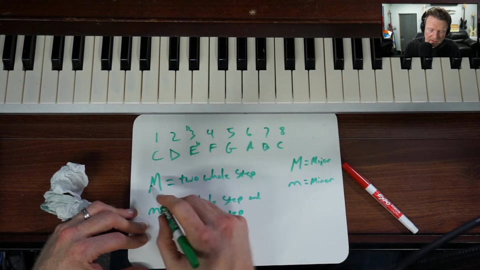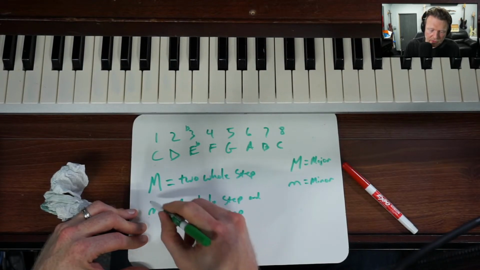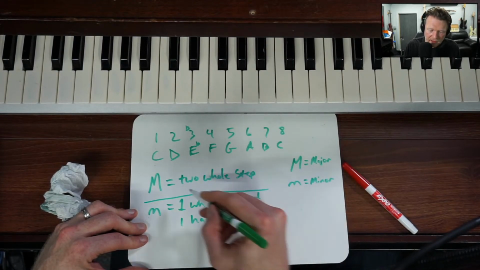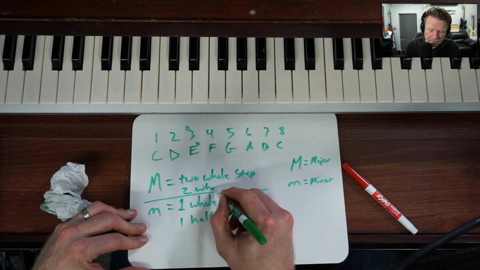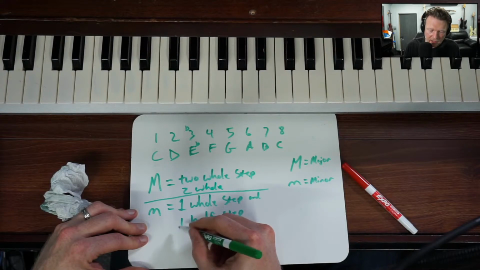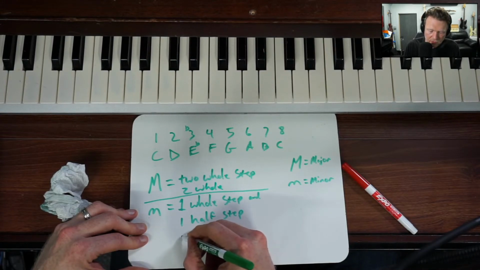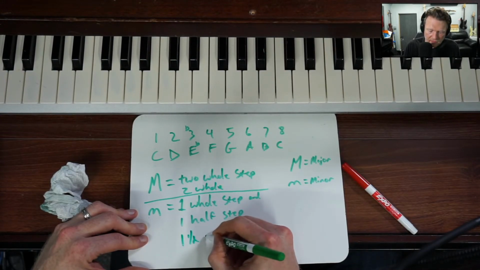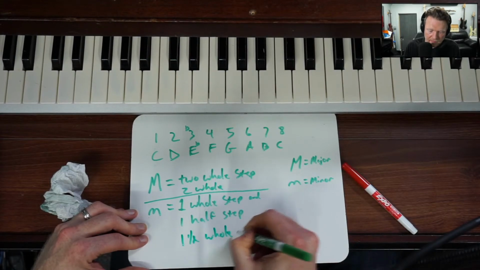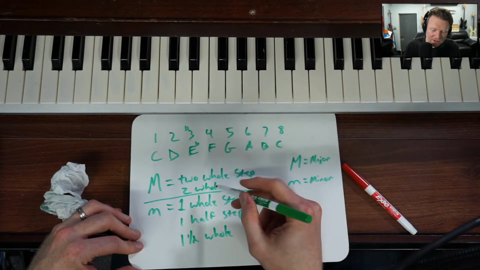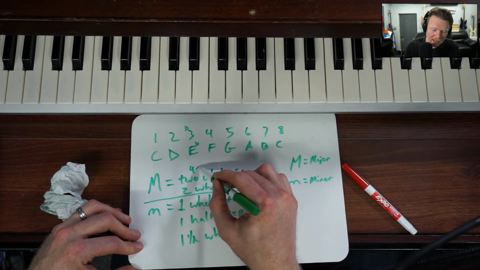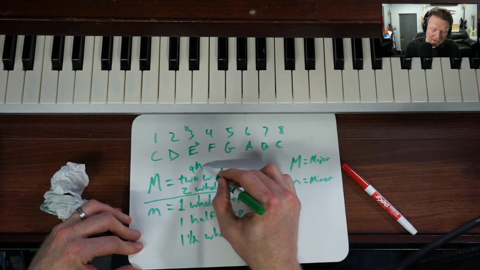So basically, a major third is equal to 2 whole steps, and the minor third is equal to 1.5 whole steps. If you wanted to think of it as 4 half steps, you could. If you wanted to think of this as 4 halves, you could.